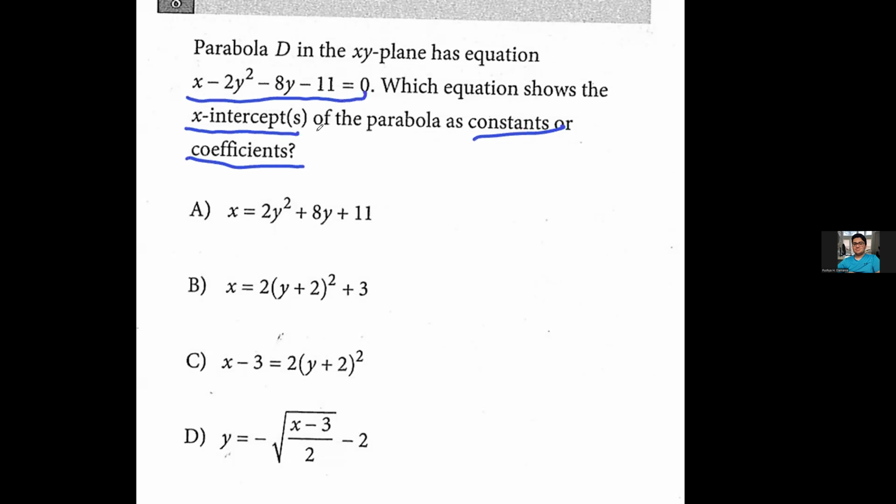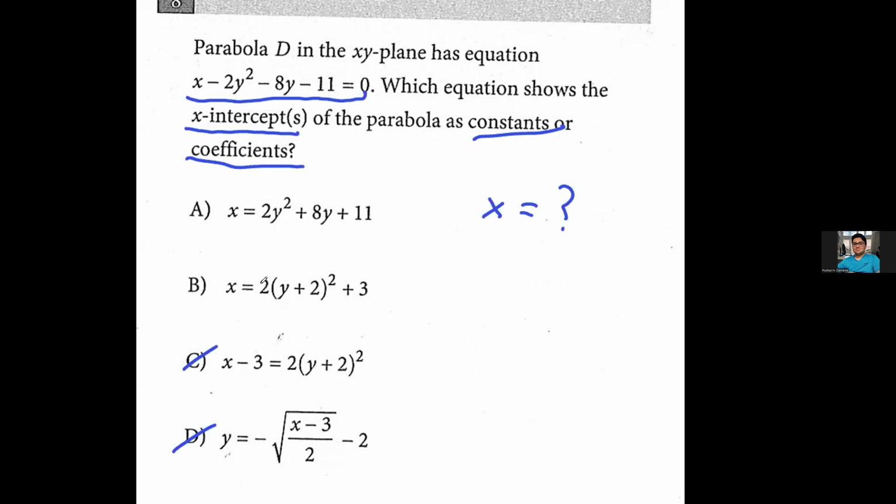Well, for an equation to give us the x-intercepts, it has to be x equals something. So it can't be answer choice C or answer choice D. And then, if you plug these two into your calculator, they're going to give you the exact same graph. They are the exact same thing. This is more of a question of, do you know what this means? Shows the x-intercepts as constants or coefficients.